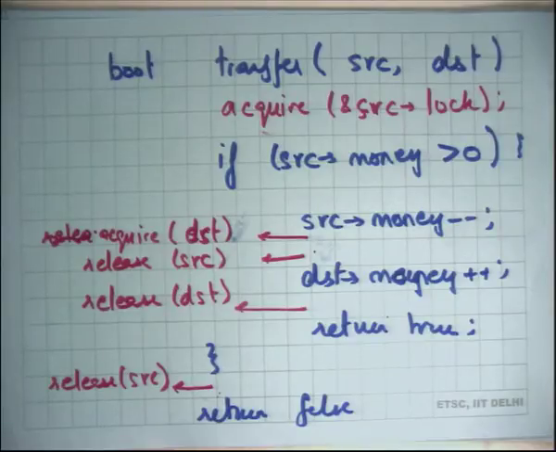What do you have? Deadlock, because the first thread has acquired A's lock and is waiting for B's lock to get free. The second thread has acquired B's lock and is waiting for A's lock to get free. Both threads are waiting for the other to release the lock, but none of them will ever be able to release any lock because they are both stuck at an acquire. And so you have a deadlock.